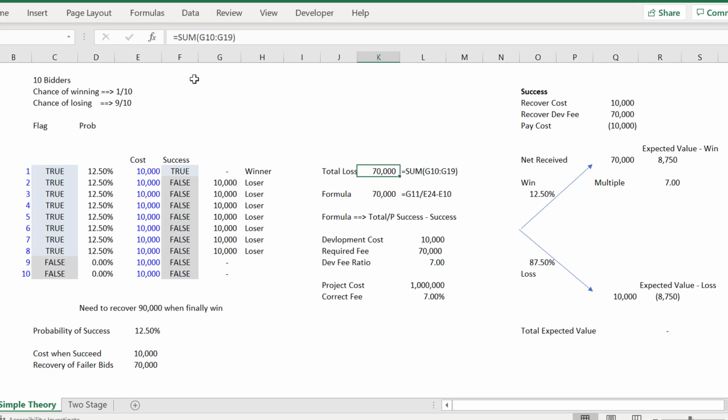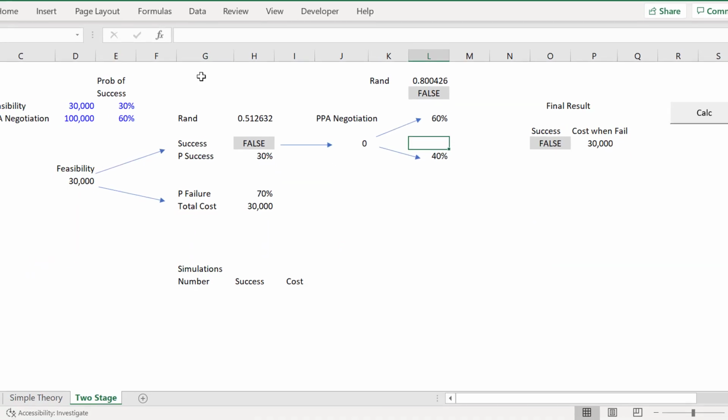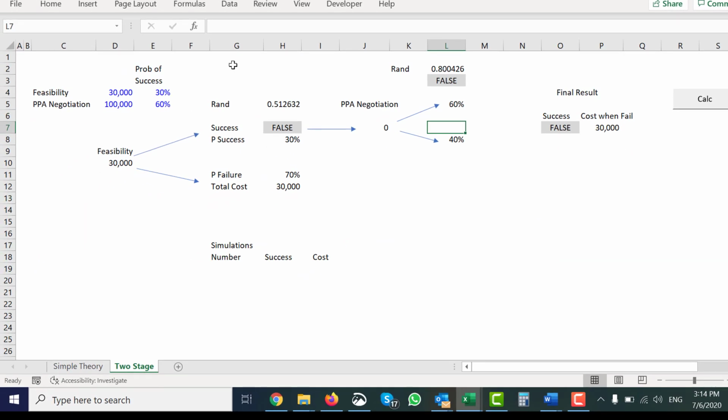But what we really need to know is that our cost this time will not be constant, because sometimes we'll cancel and sometimes we won't. So this is one of the rare times that I think a Monte Carlo simulation might be really good. What you do up here is you just put a random number in here.